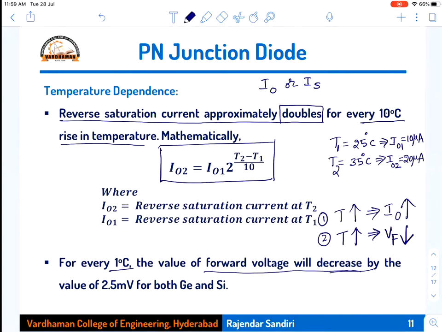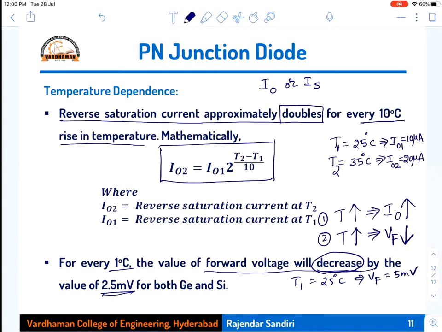But for forward voltage, when temperature increases, it decreases by how much? 2.5 millivolts. You have to subtract 2.5 millivolts from the previous value. So for every 1 degree centigrade rise in temperature, we have to reduce by 2.5 millivolts. For example, at T1 equal to 25 degrees centigrade, the forward voltage is 5 millivolts.